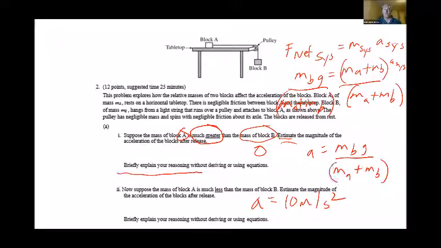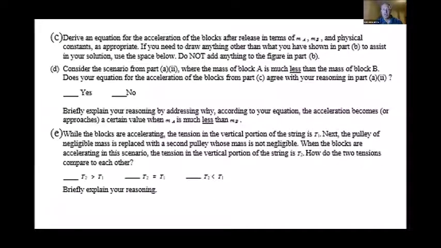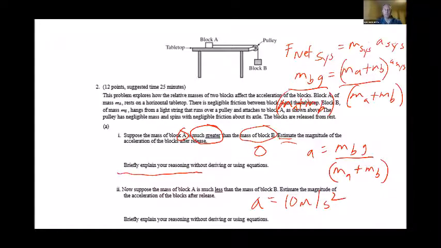And if we go back to the prompt for a second, remember it said in terms of MA, MB, and physical constants, which in this case would be little g, is a physical constant. So if we look at my equation, the only variables that I have in there are MA, MB, and a physical constant, in this case, G. Questions?